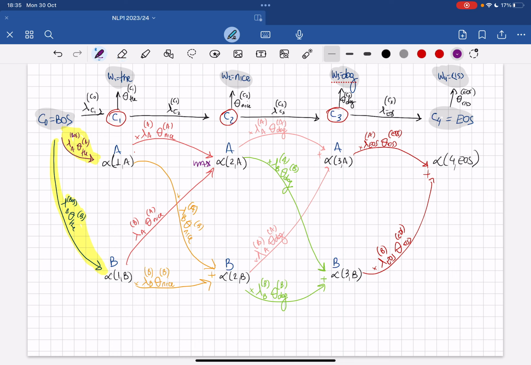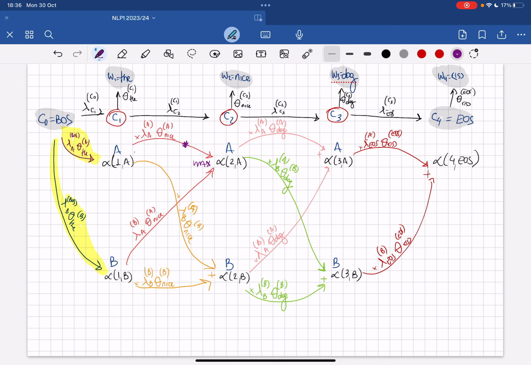Let's suppose, for the sake of the argument, that this choice here has the highest product. So let me actually decorate not the A, but the arrow. This arrow here has the highest contribution. So alpha 1A times lambda A2A theta A2 nice is the biggest of the two possibilities, the other being alpha 1B times lambda B2A, theta A2 nice.